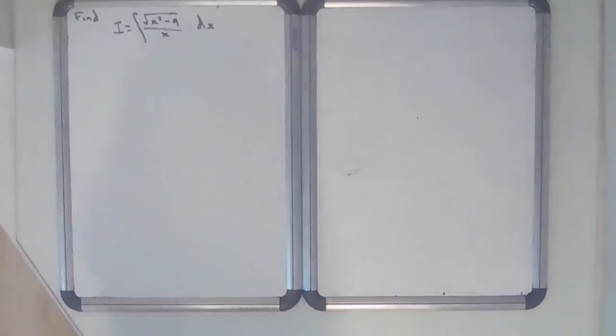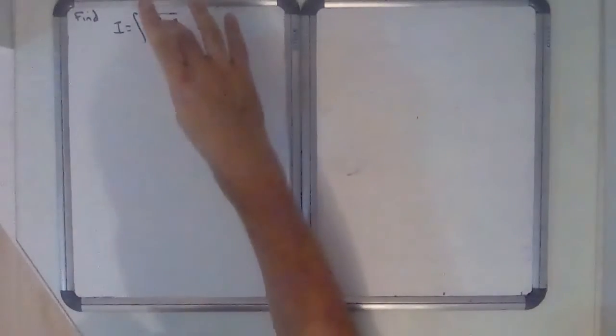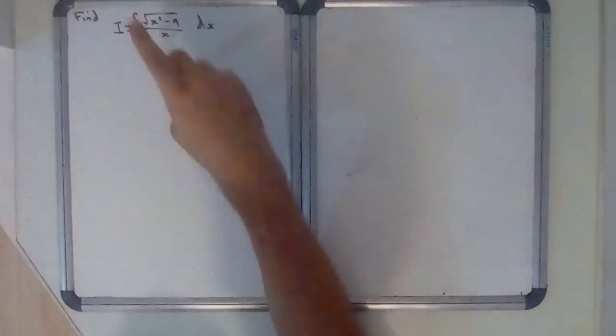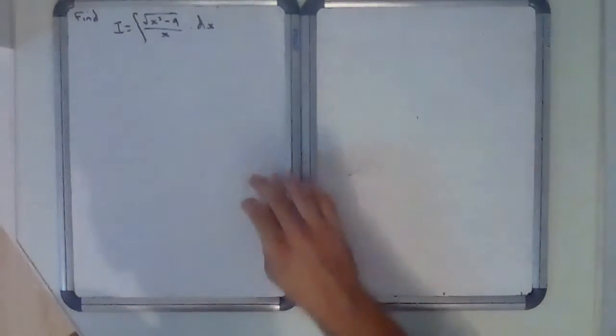Okay, we're going to use a special substitution to evaluate the integral of the square root of x squared minus 9 over x with respect to x.